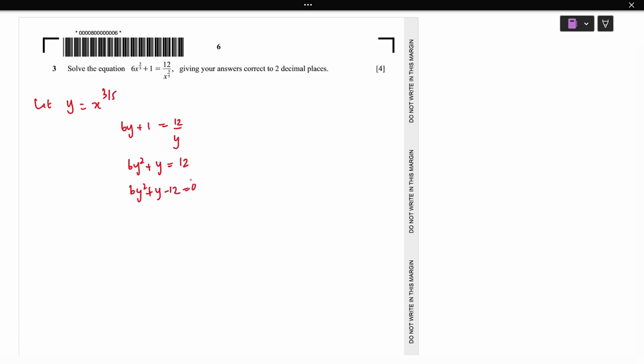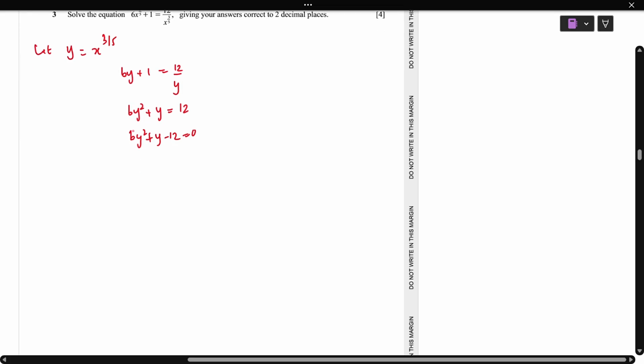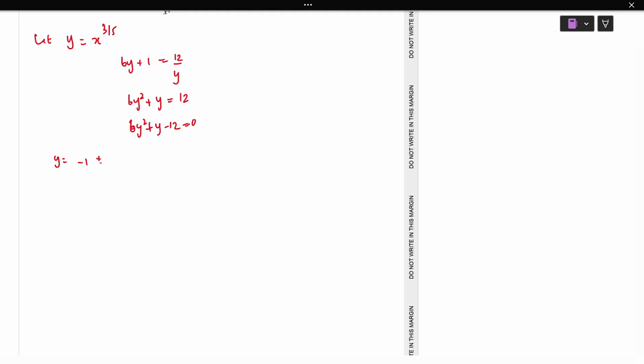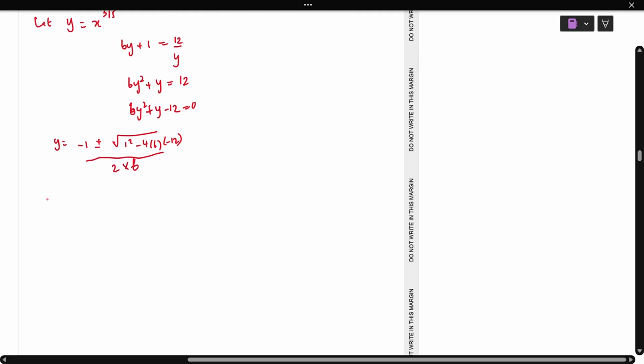Here I need to solve this quadratic. I'm going to use the quadratic formula. So y equal to minus b, so minus 1 plus or minus square root of b square, that is 1 square minus 4 into 6 into negative 12, all over 2 times 6. When you use the calculator, you'll get two answers.